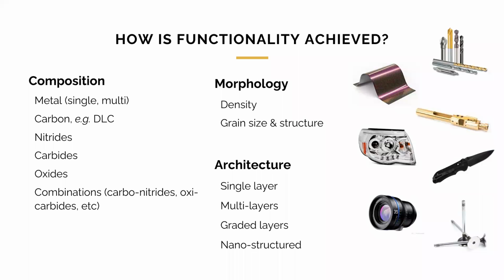You can have graded layers where you grade one of the elements of your coating, and you can have nanostructure. That basically means you can have small nanoparticles inside your coating, and that goes with how you deposit that material. So composition, morphology, and architecture. Those are the three main components that form the coating that you're going to have.